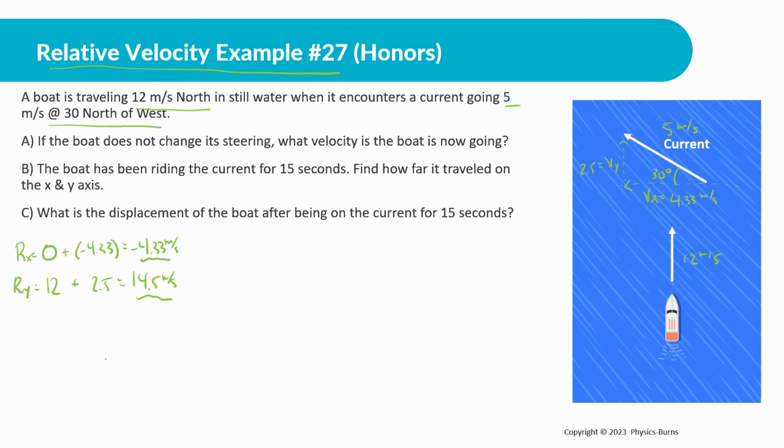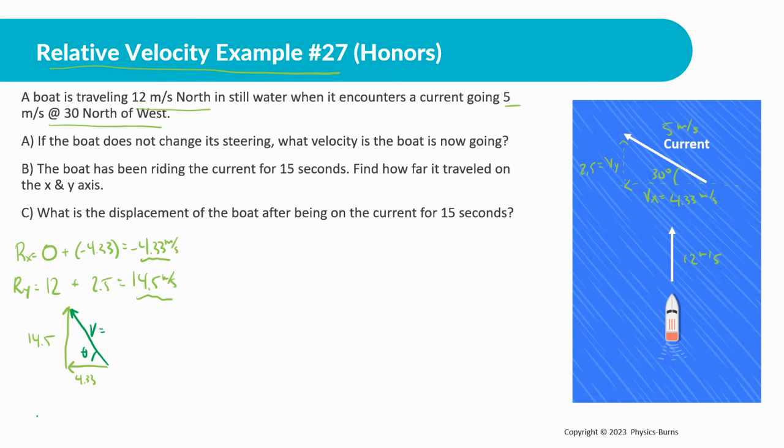And now I'm just going to draw this out, how this is going to look. It's going to look 4.33 here, and then 14.5 here. And then I'll use a different color for the resultant. This will be the resultant vector with the angle here. So this is going to find the velocity.